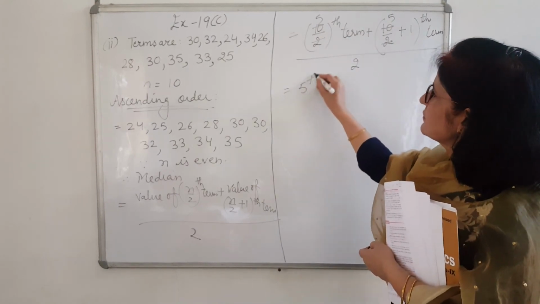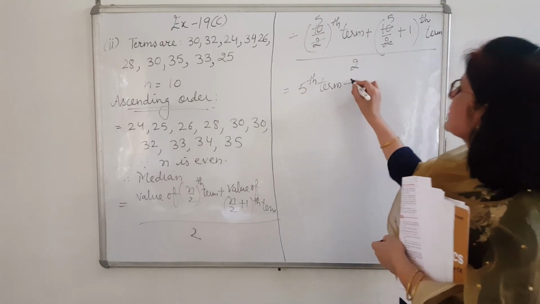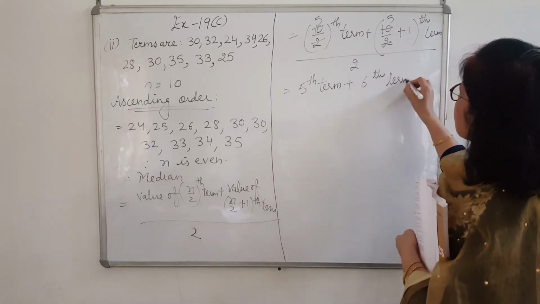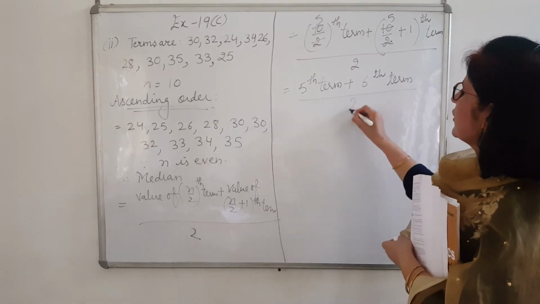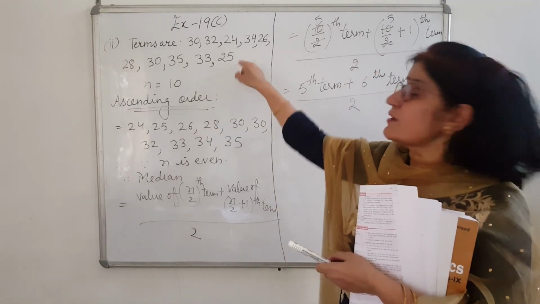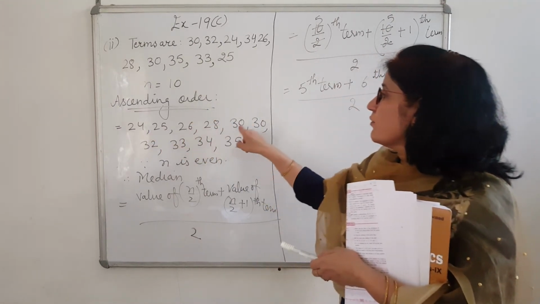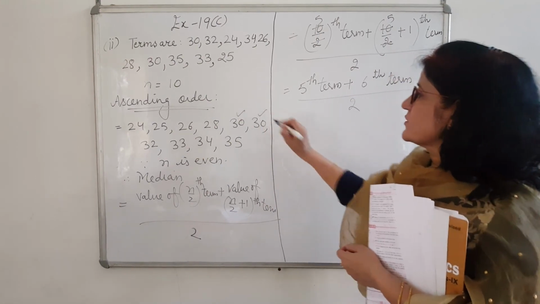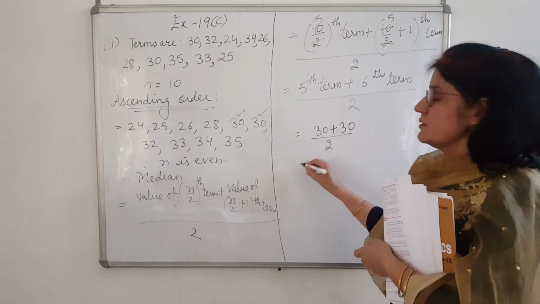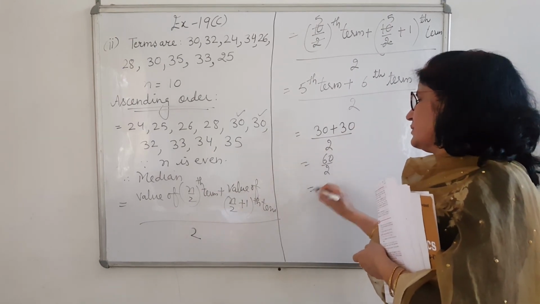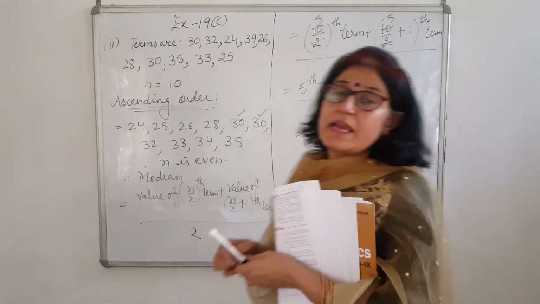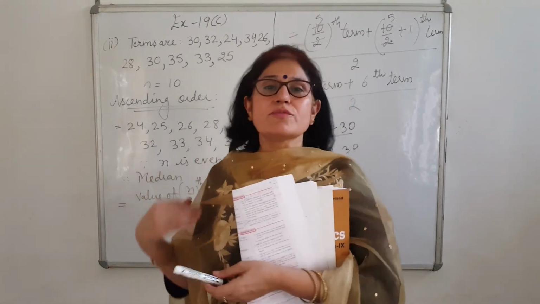So 5th term plus the 6th term, upon 2. Now, what is our 5th term here? We count from the ascending order, not from the given order. 1, 2, 3, 4, 5. So this is 30. The 6th is also 30. So, 30 plus 30 over 2. 60 over 2, we reduce it. So the median of these terms is 30. Like this, you can solve other sums of this exercise also.